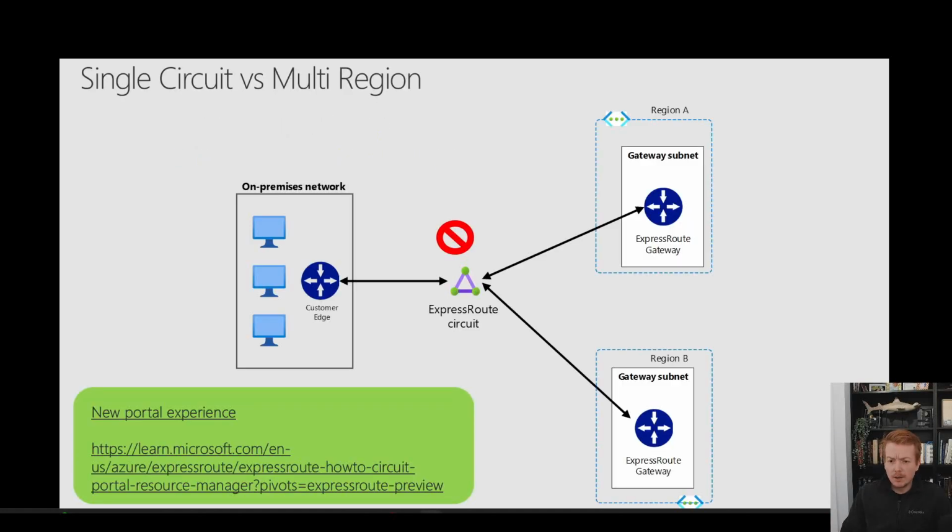Okay, so let's start with possibly one of the most common scenarios that we see. If we look at this diagram here, we've got our on-premise network on the left, and on the right-hand side, we've got a relatively common pattern. This customer has decided to use Azure in multiple regions. For example, in Europe, it might be West Europe plus North Europe, or maybe UK South plus UK West.